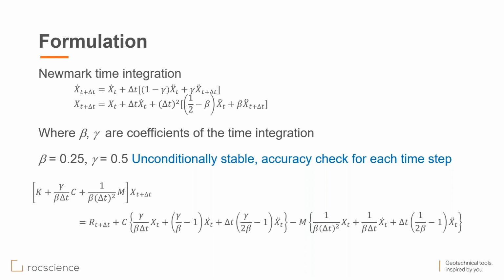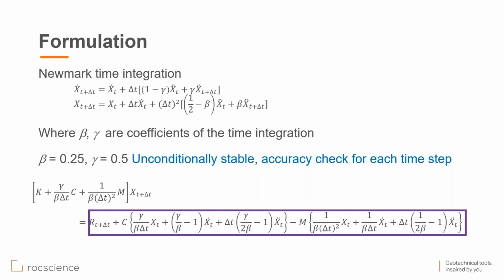After substituting the time integration into the equation that I just showed in the previous slide and rearranging it, we will have the right-hand side as shown here. And this right-hand side will be updated for every time step, or for every iteration if the material is nonlinear or we have a plastic material in the simulation.